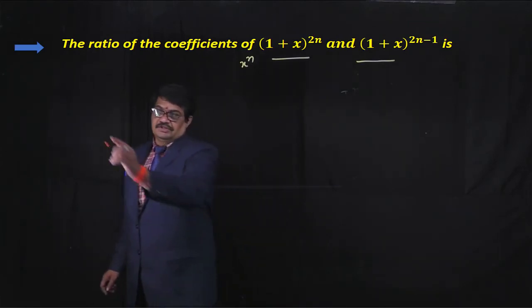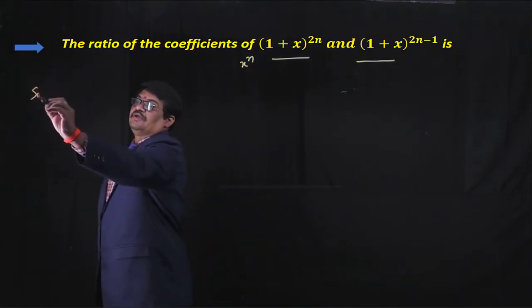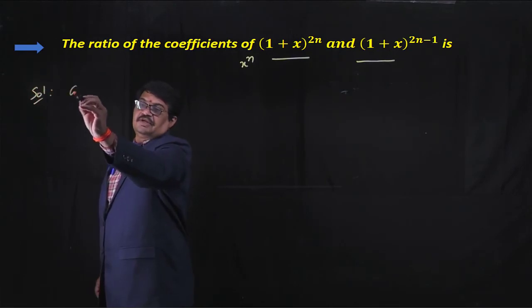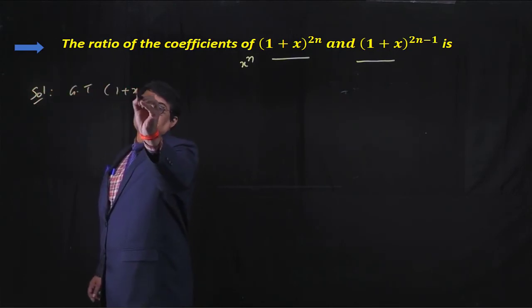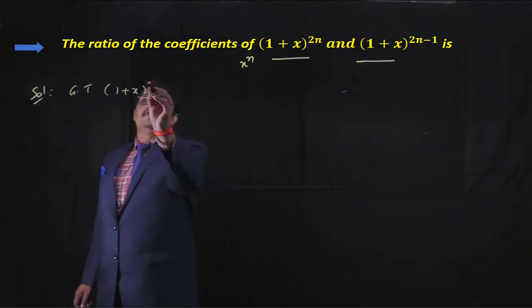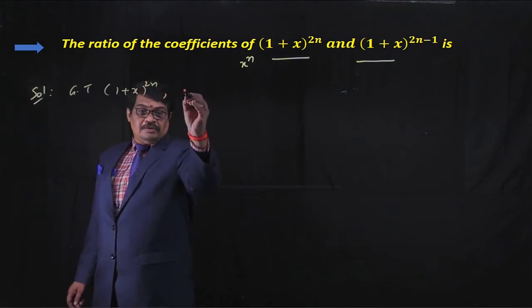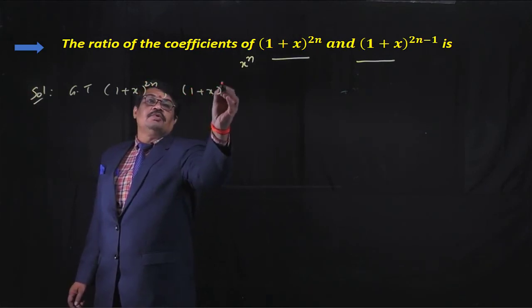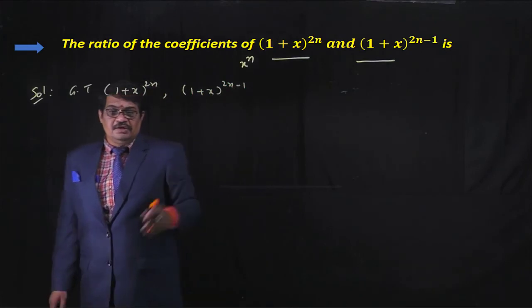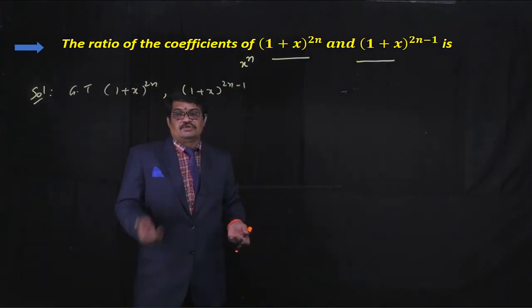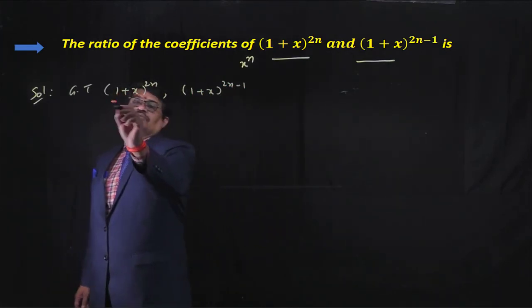Now see the solution. What are the given expressions here? 1 plus x whole power 2n and 1 plus x whole power 2n minus 1. In that, the coefficient of x to the power of n in these two.